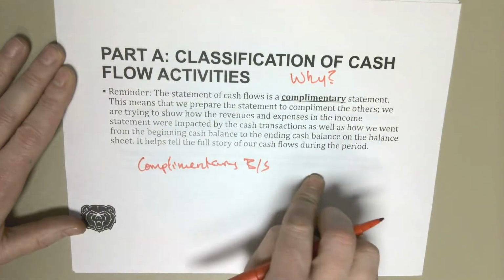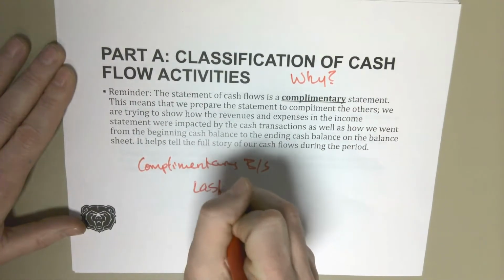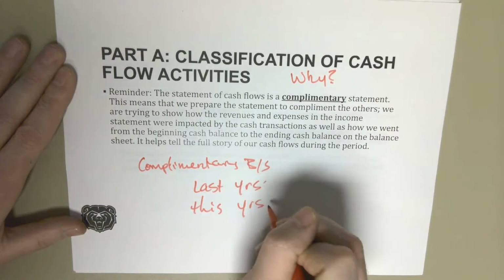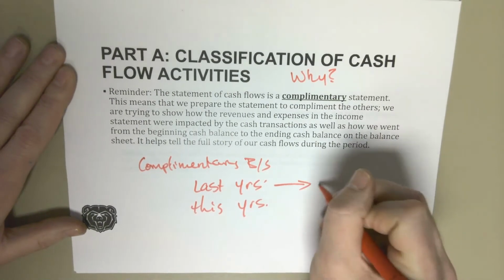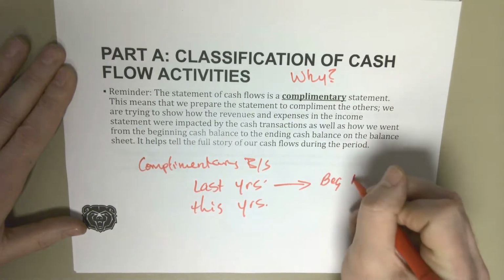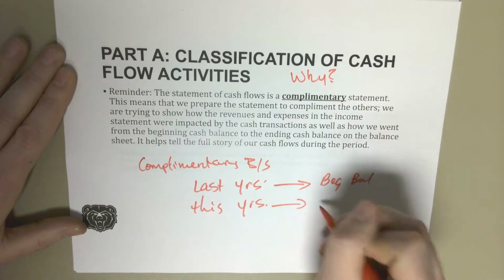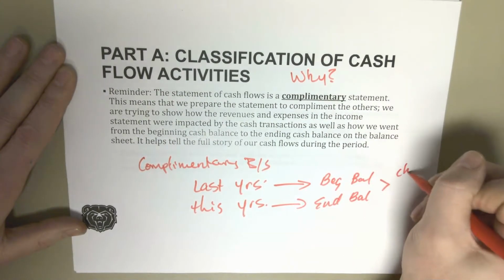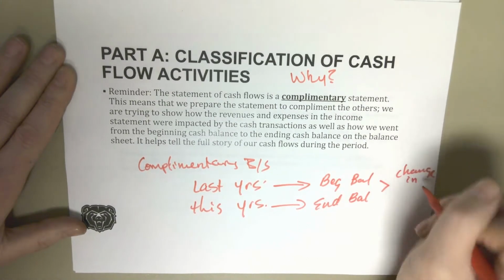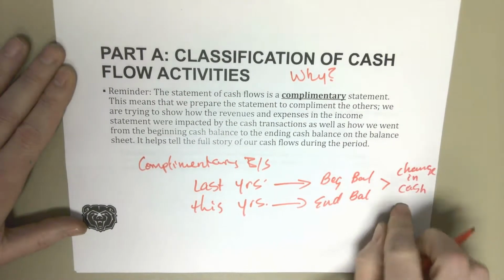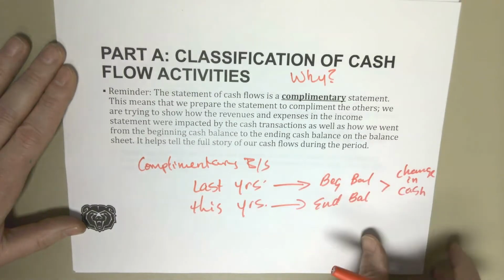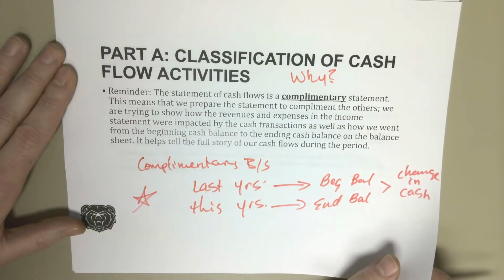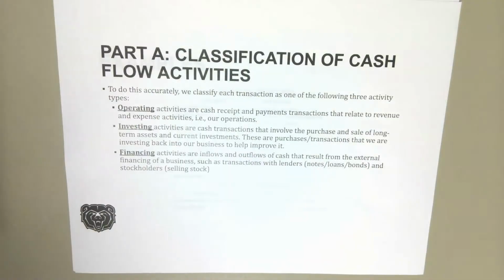This means last year's and this year's, okay? And you need this because last year's has this year's beginning balance, this year has this year's ending balance, right? And the difference is the change in cash. And we need to reconcile that change of cash to the change of cash in our cash flows. This is something that could be tested on conceptually. So just understand that, know that, okay?